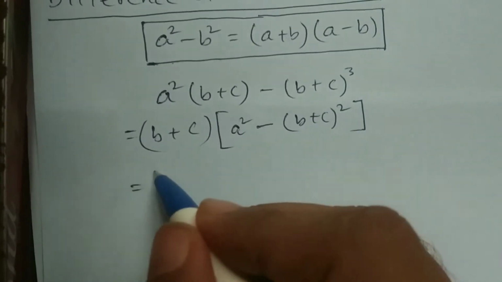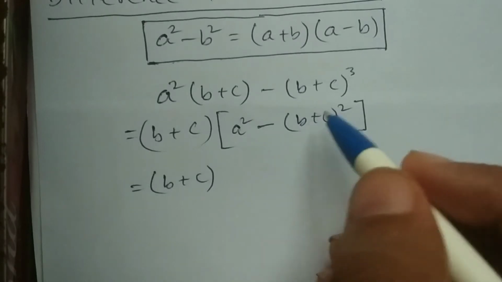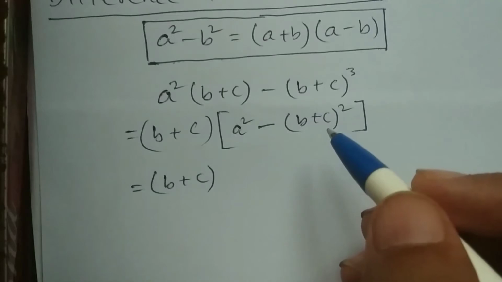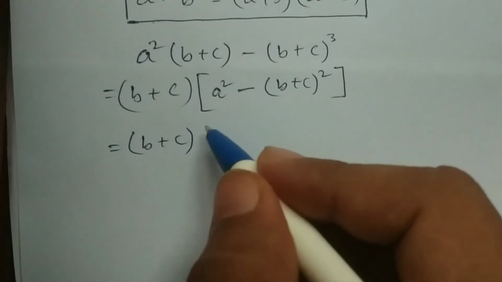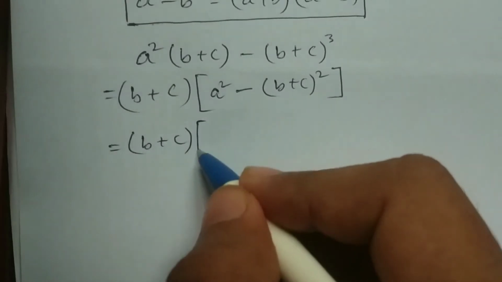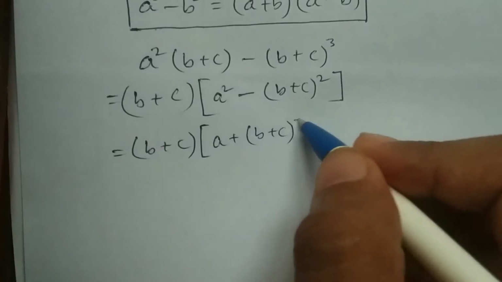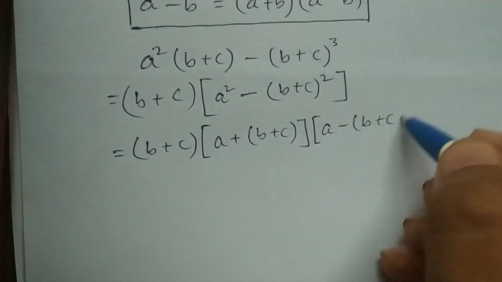Okay, so when we deal with any binomial in a factor, then we have to use a bracket. Okay, so I can write for the first term, a plus b plus c into a minus b plus c.